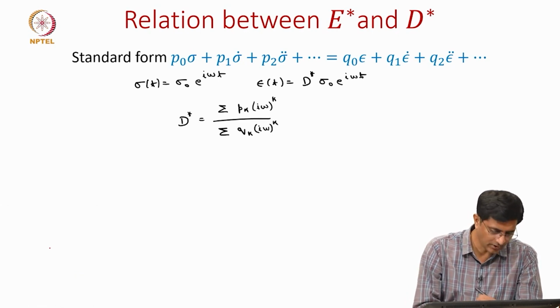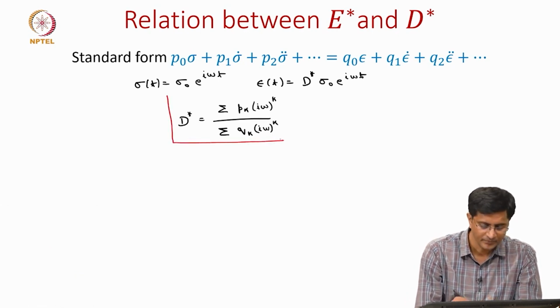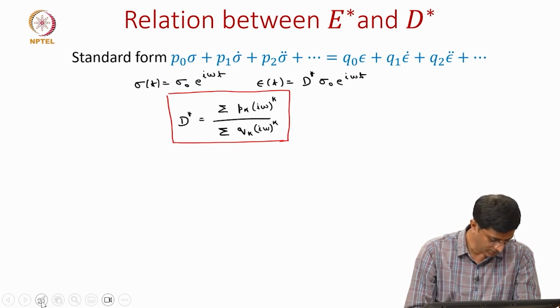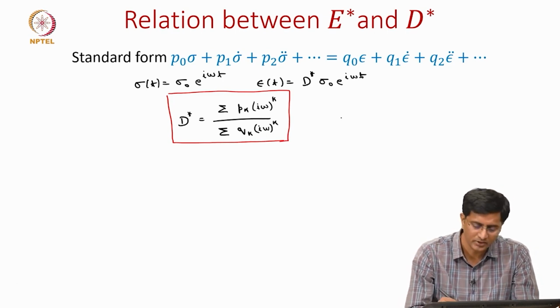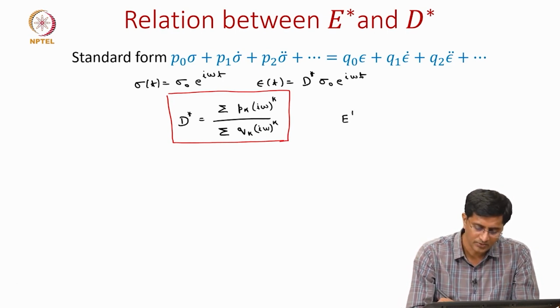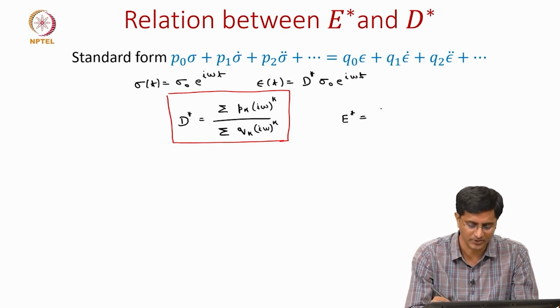So, this will be the expression we get for the complex compliance, and we have already seen the expression we have for the complex modulus, which we will notice is just a reciprocal to the complex compliance.